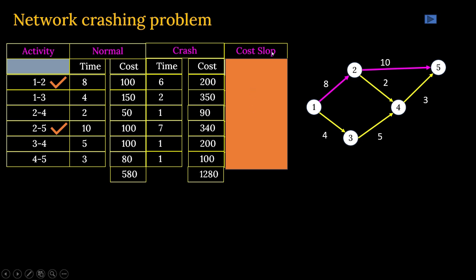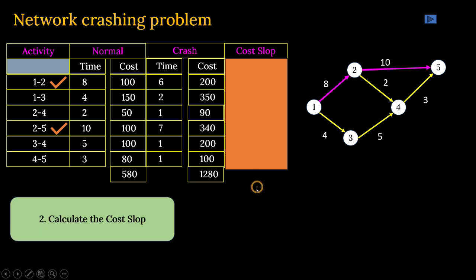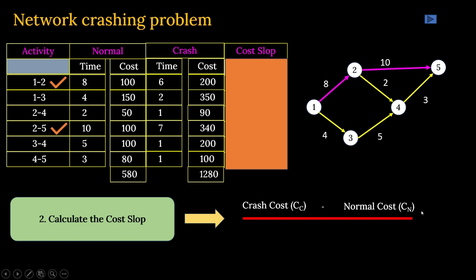Now, cost slope or crash cost per day, we had one formula to calculate that. What was the formula we have discussed? Crash cost, CC, minus normal cost, CN, divided by normal time, Tn, minus crash time, Tc.